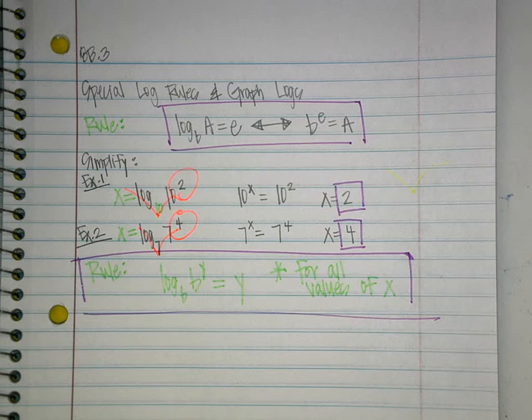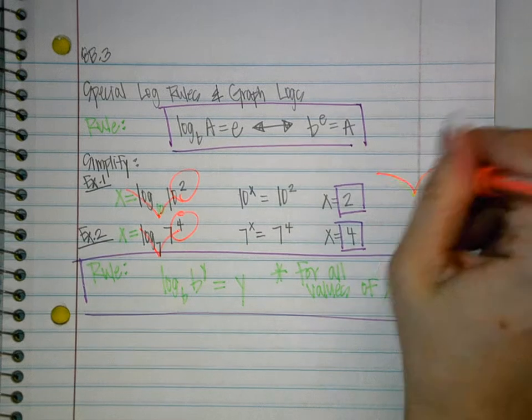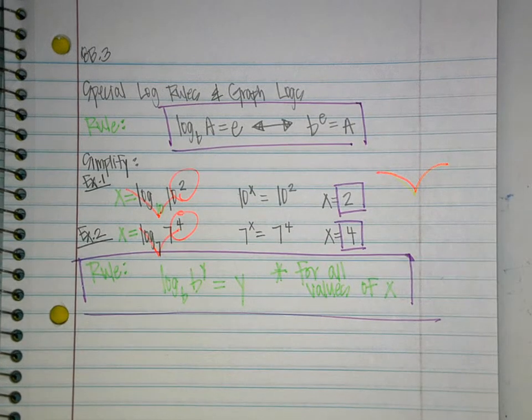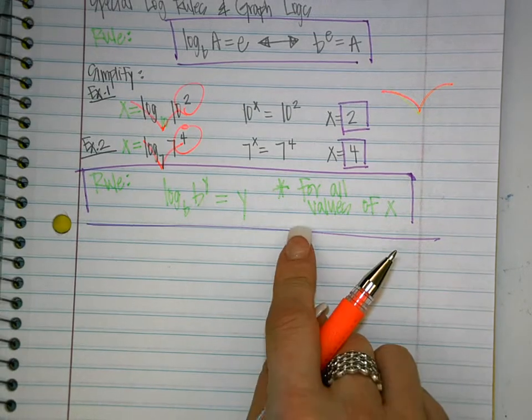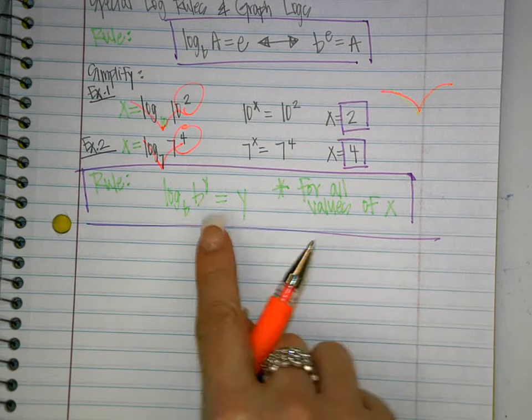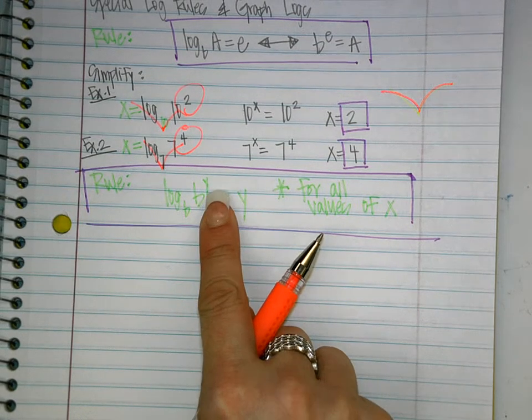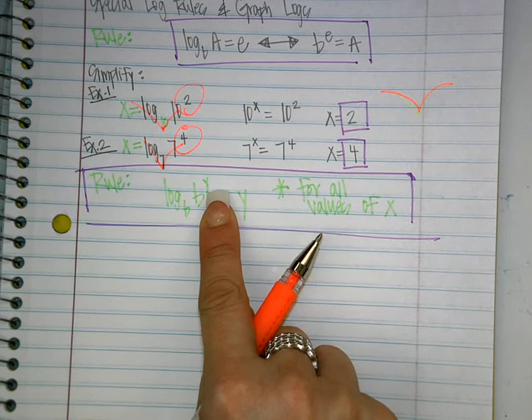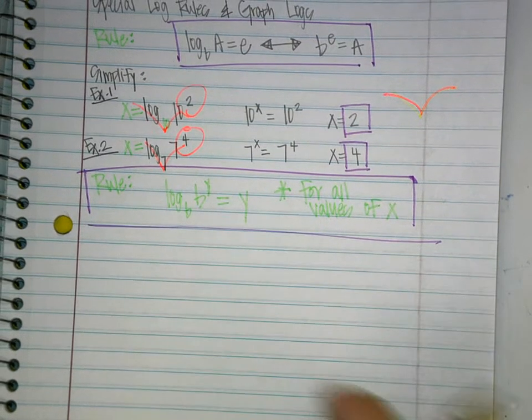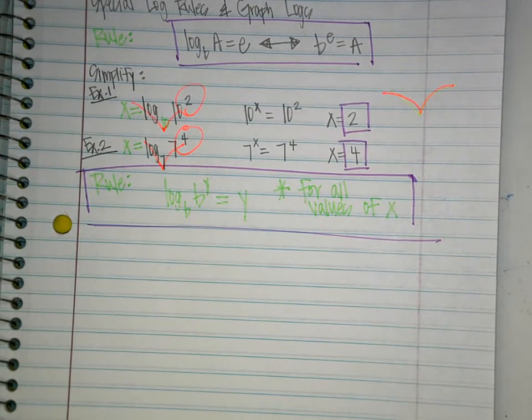Call it whatever you want to, but I call it a Siegel problem. These are my 3-year-old seagulls. It's a rule that works in logs, and it will make it so you do not have to do nearly as much work. It works for all values. This could be a positive, a negative, a 0, a 1, a fraction. It always works.